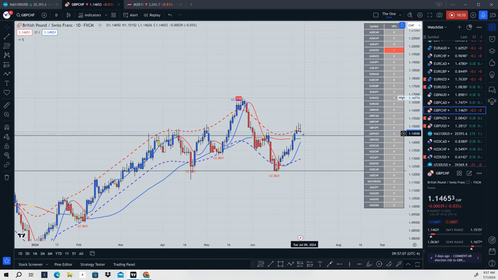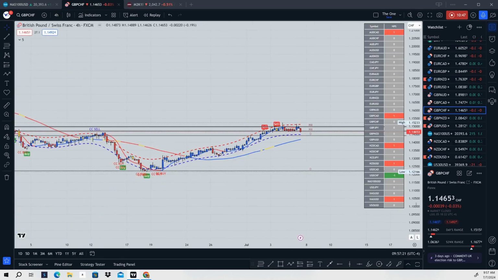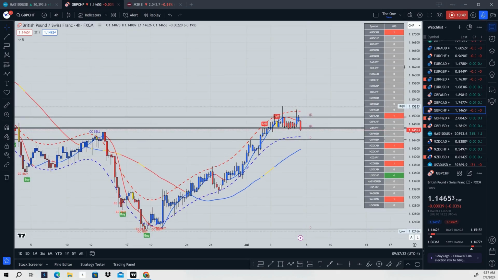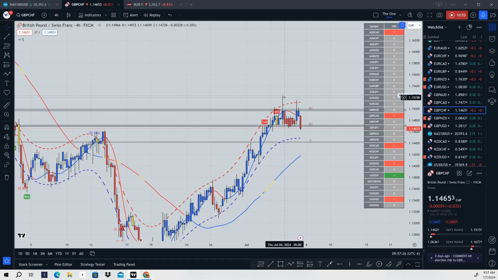So we are bullish. Now we're getting these 3 rejection candles here because price is outside the band here on the daily time frame. So we are going to be receiving a pullback. So if you go to the 4-hour time frame, we're going to see that price was outside the band here.